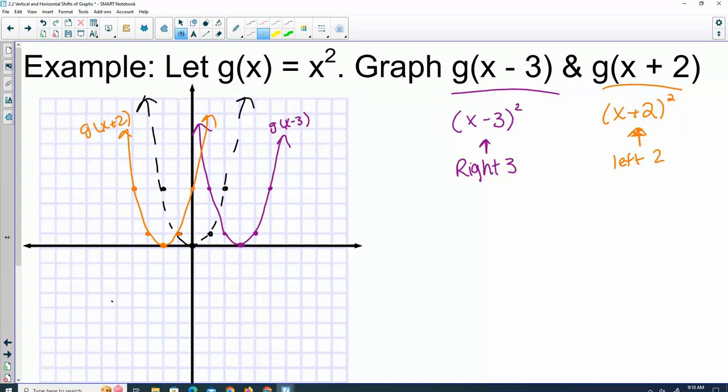I'm going to put a couple pictures up here and I want you guys to write the equation that goes with them. Are there any questions over this one so far?